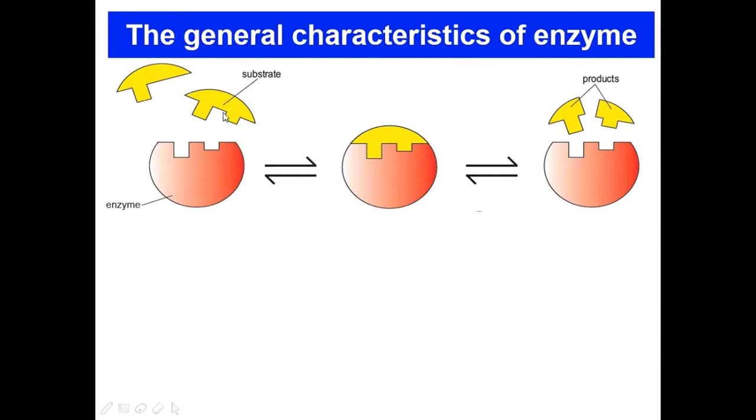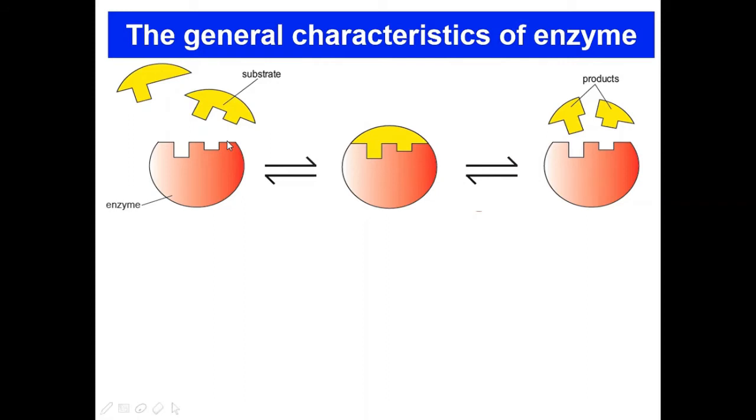Of course, substrate B, betul tak? Because the shape of the substrate B is complementary to the active site of the enzyme. So this proves that enzyme is highly specific, meaning only a specific substrate can bind to that particular enzyme.